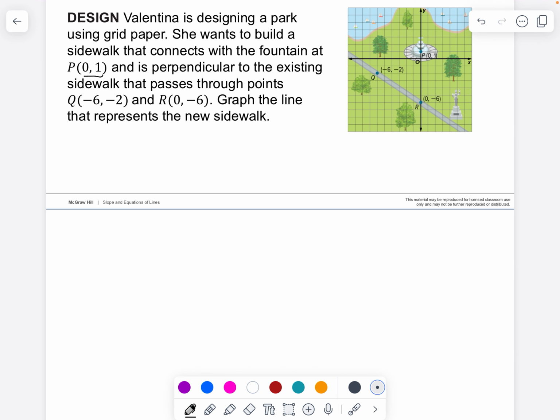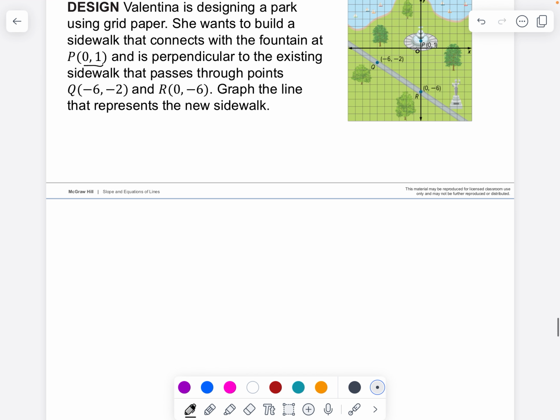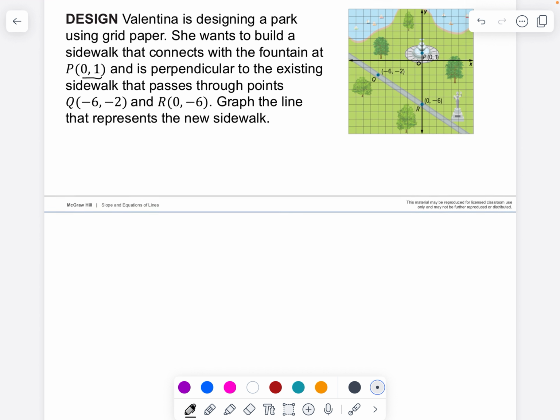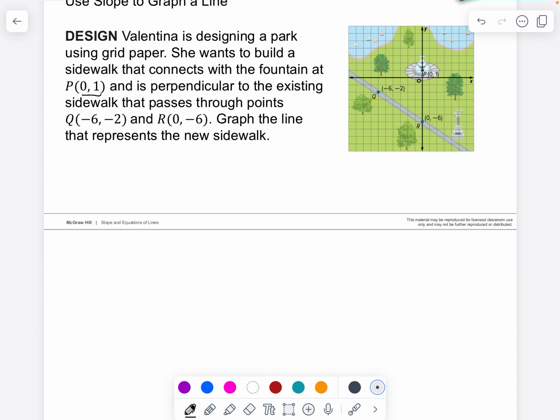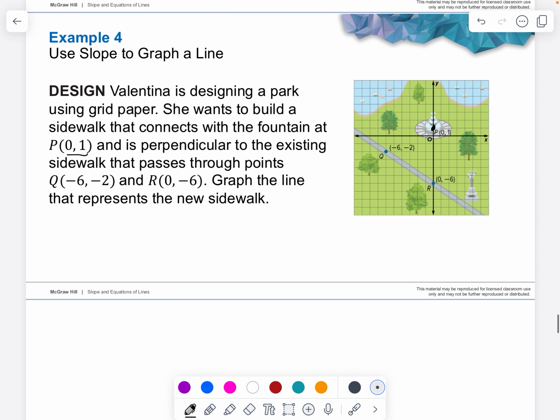Okay, so if she wants to build a sidewalk that connects with the fountain at a point, she wants it to go through this point up here, and it goes perpendicular, so she wants it to go through like that at a 90 degree. So she needs to know the slope of this line, and then she needs to graph a line for that one.